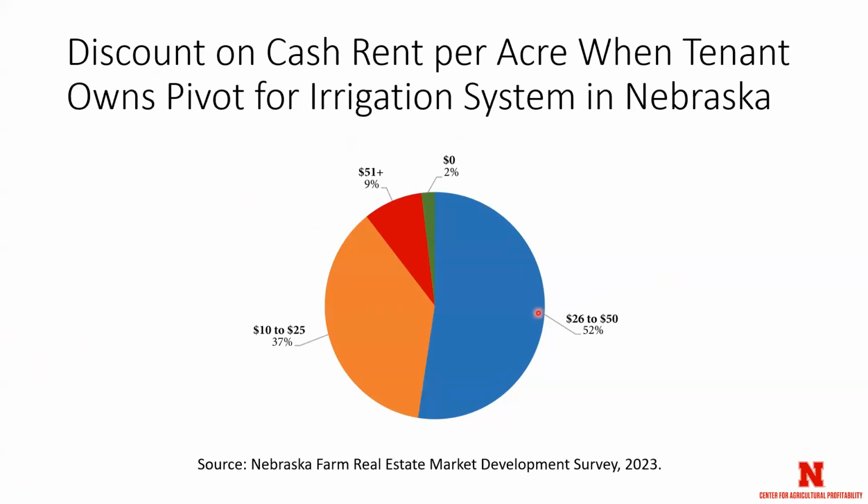In that case, you would discount the cash rent to reflect the fact that the tenant is providing a major portion of the improvement, the irrigation system. About half the time you would discount the cash rent around $26 to $50 an acre, and over a third of the time you discount it $10 to $25. So please be aware you need to accurately reflect the cash rents when the tenant does provide a component of that system.